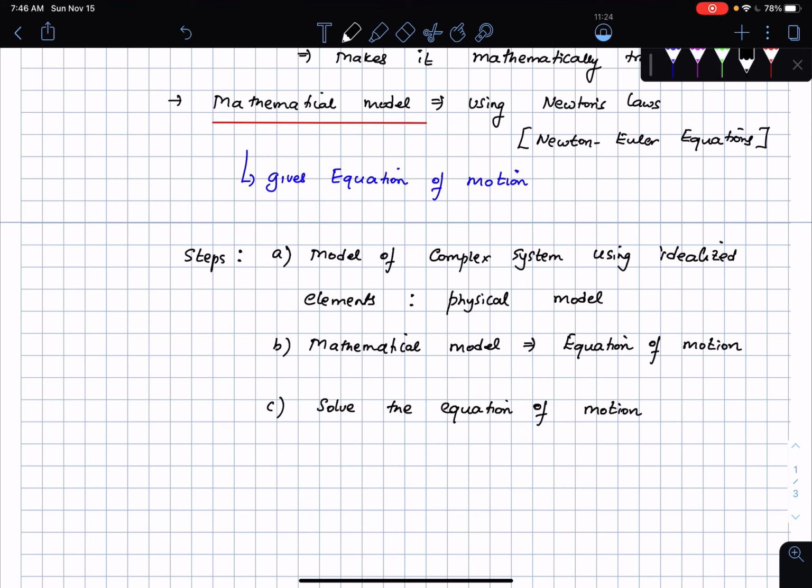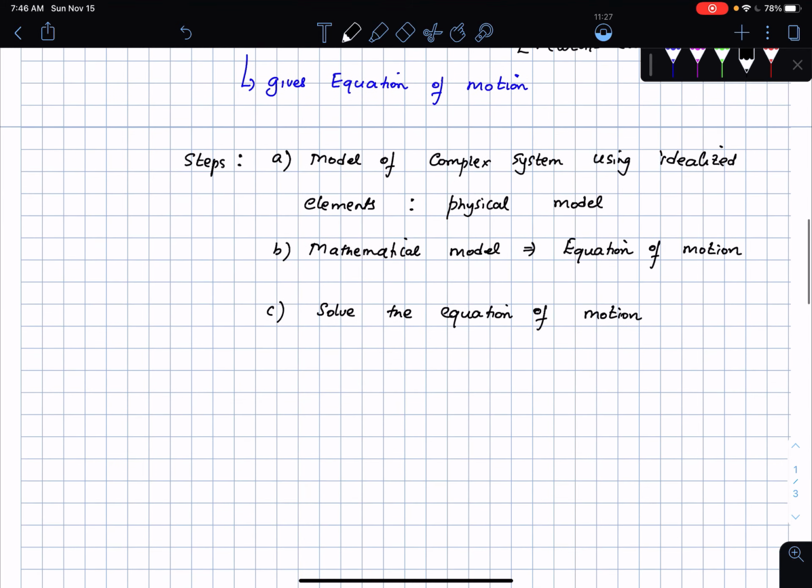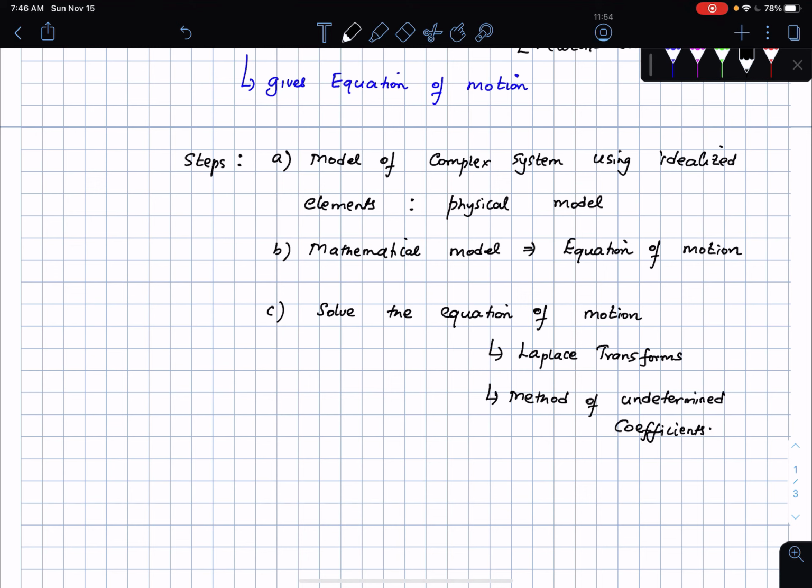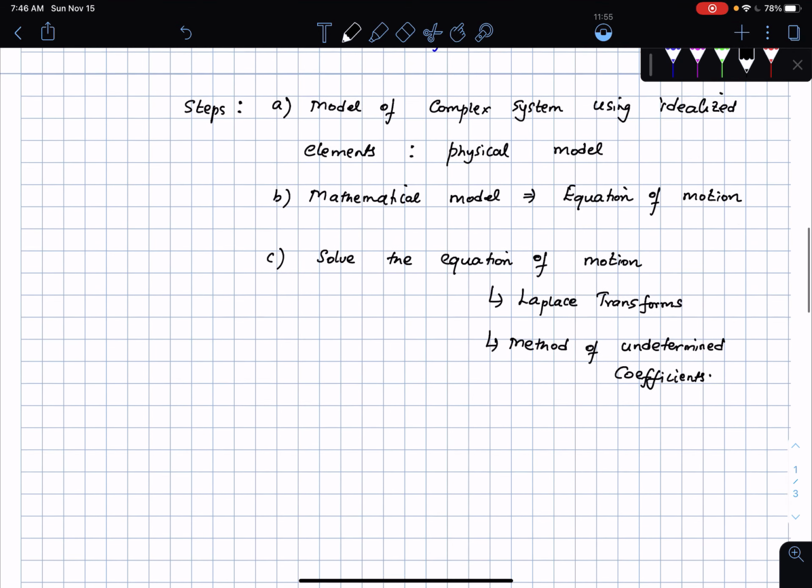If the system is linear, then you can solve this using concepts of Laplace transforms, for example. You can also use basic tools of differential equations like the method of undetermined coefficients. So these are typical ways of solving the equation of motion.